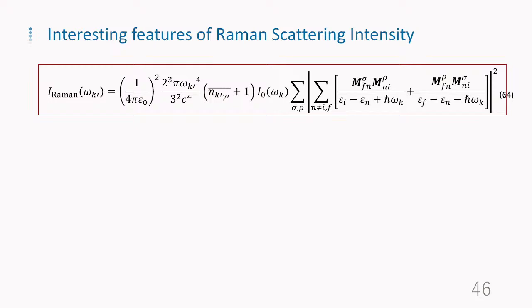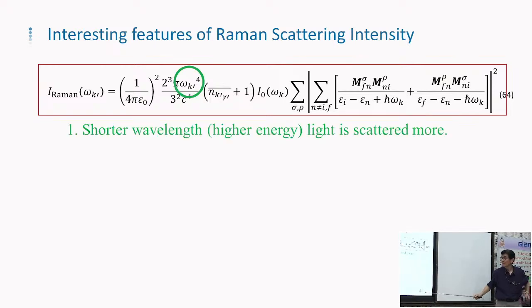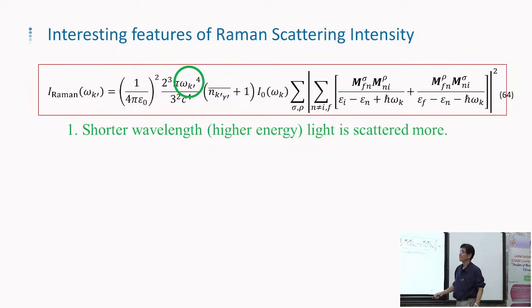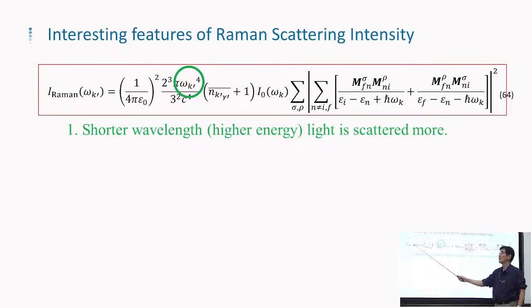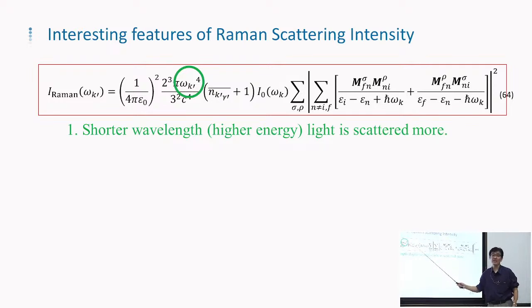So again, Raman scattering intensity is given by this equation. We can learn some features from this equation. First, Raman intensity depends on the fourth power of the scattered light, angular frequency of the scattered light. That is, shorter wavelength light is scattered more.